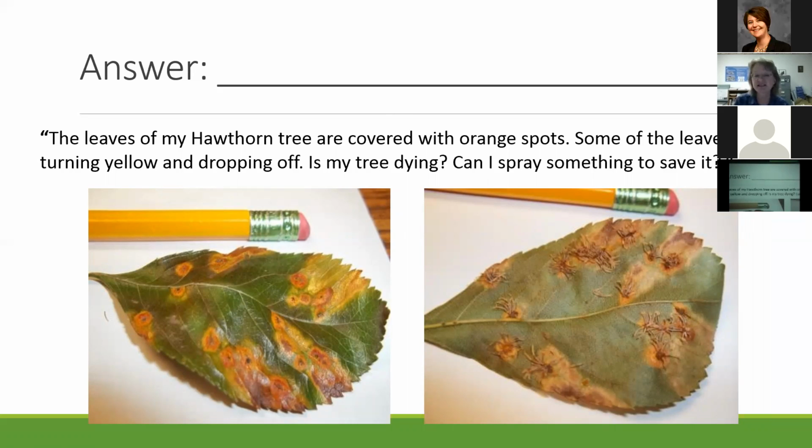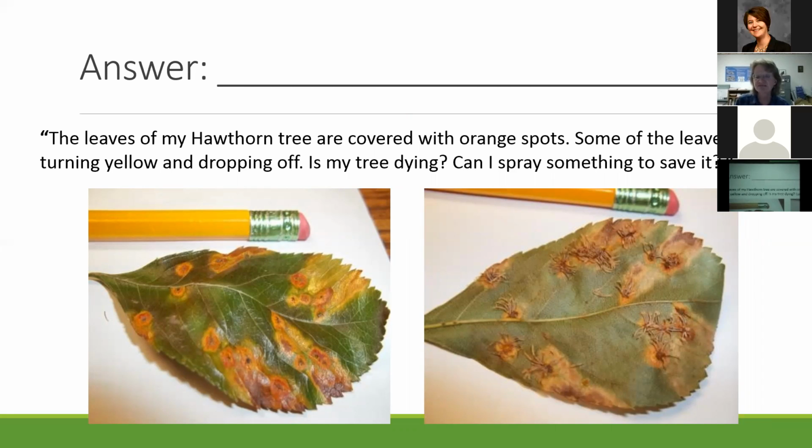But again, the key here was that the volunteers trying to solve the problem were not allowed to see a picture of this until they actually asked, will you bring a sample in? Will you take a picture of the problem and email it to us? Either one.